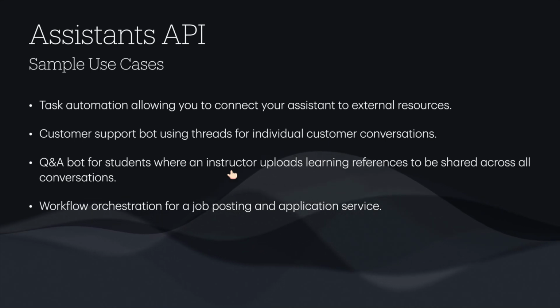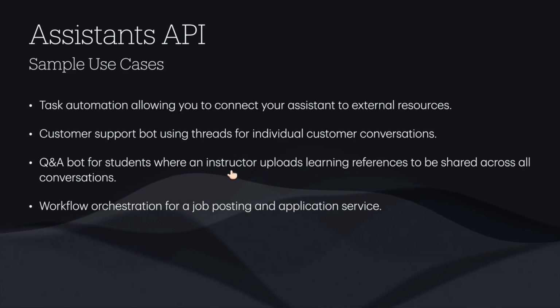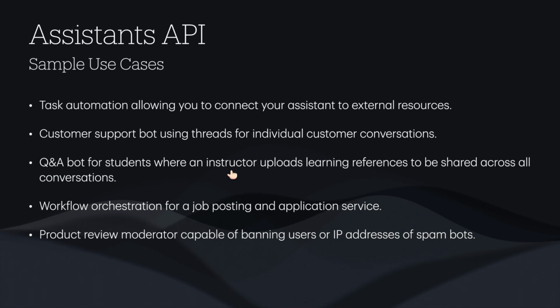And that would be possible through the Assistance API, okay? Much more easily, because you can reach out to external resources and flag a user record or a candidate record as more eligible than another, okay? That's all I'm saying. Lastly, you could develop some sort of system where you're developing a moderator for your Shopify product reviews, for example.